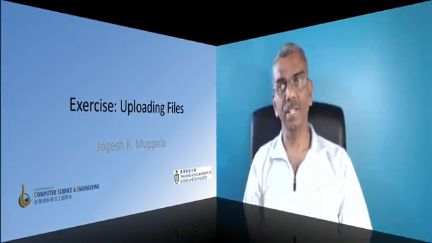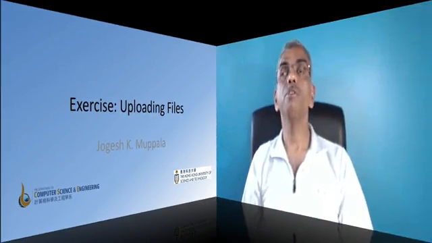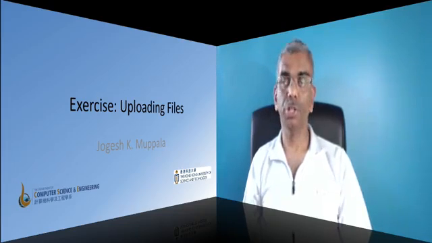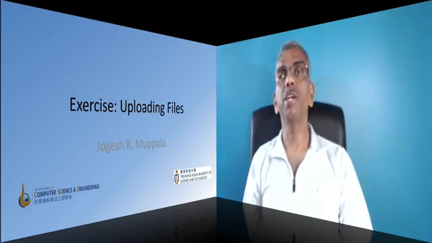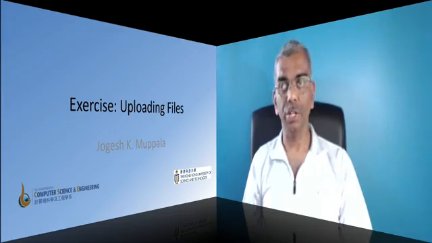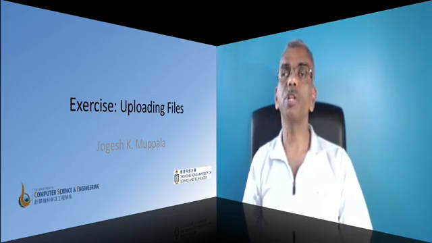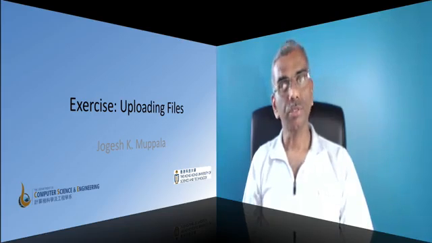In the previous lesson, we have learned about how file uploads are supported through the multi-part form data approach. In this exercise, we're going to make use of the multer module, which we referred to in the lecture, to enable our Express server to support uploading of image files into our server side.